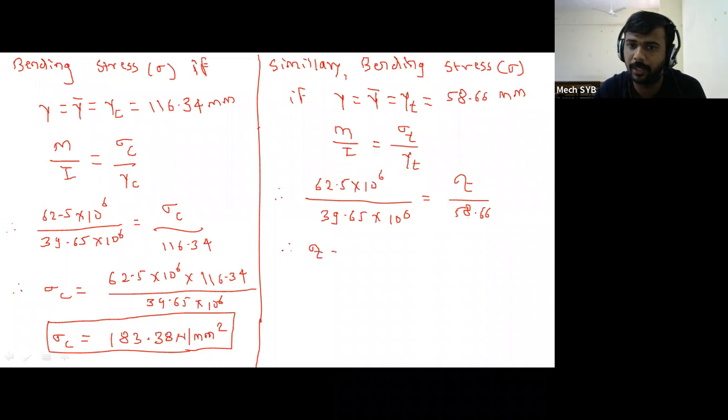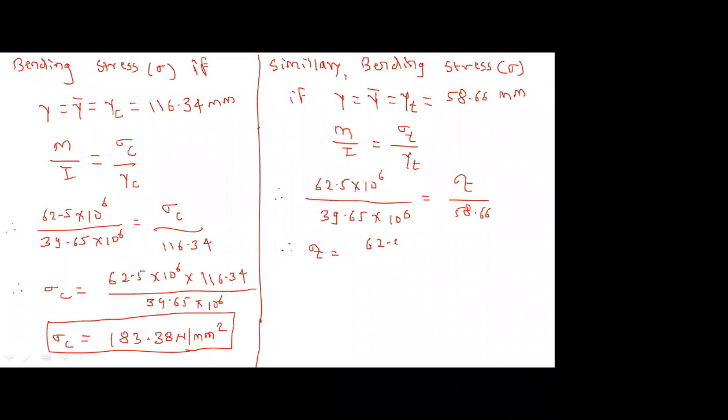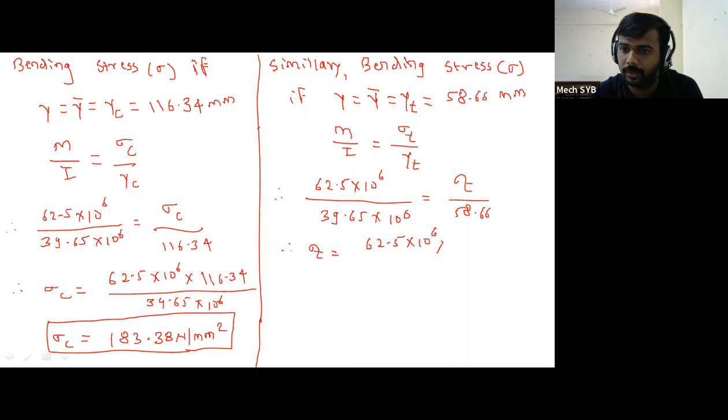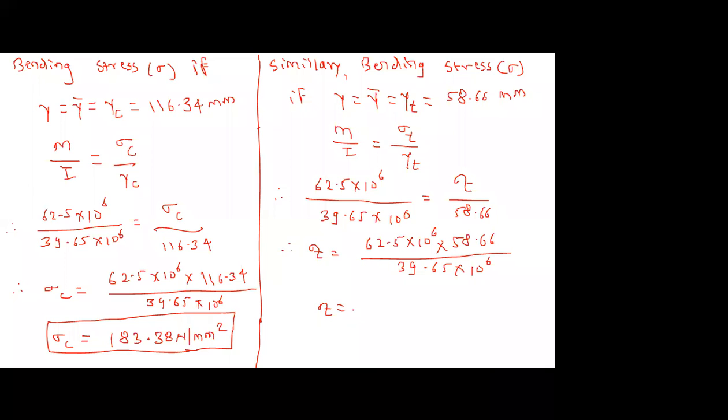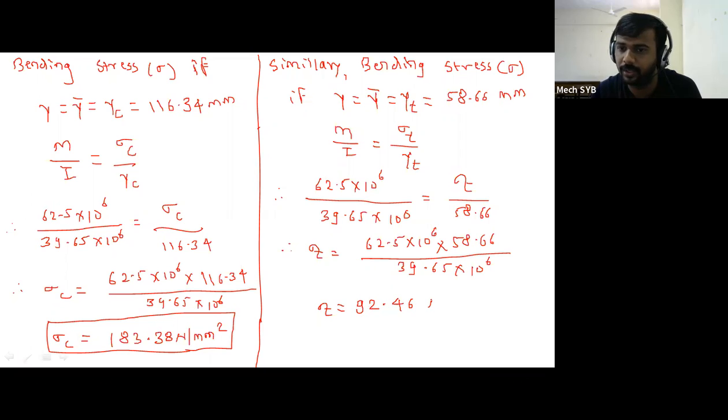Therefore, sigma t is equal to 62.5 into 10 raised to 6 into 58.66 divided by 39.65 into 10 raised to 6. So here sigma t is equal to, what will be the sigma t? 92.46. 92.46 Newton per mm square.